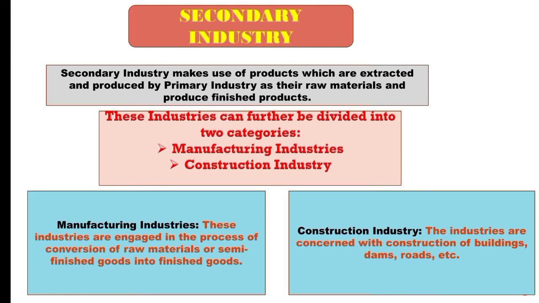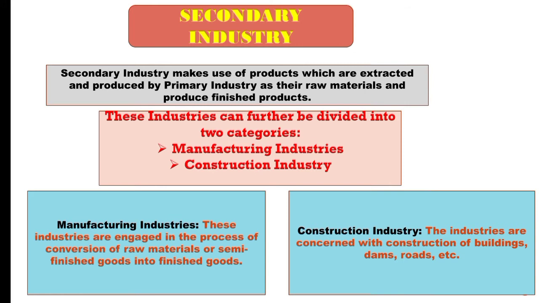These industries create form utility by changing the form of raw materials into finished products. For example, timber is converted into furniture, iron is converted into steel, sugarcane is converted into sugar, and cotton is converted into clothes. So these are examples of manufacturing industries where raw material is converted into finished goods.